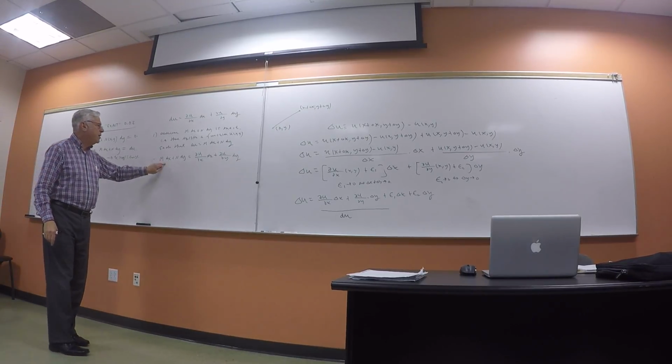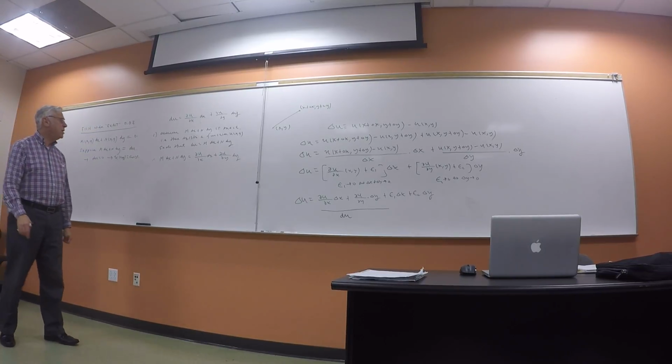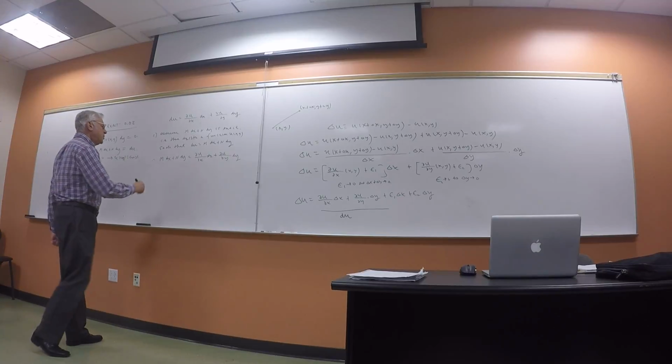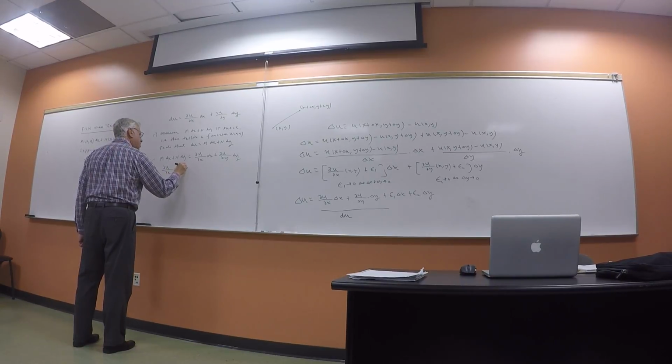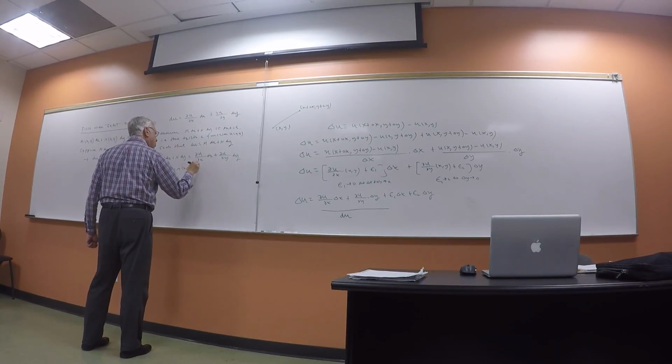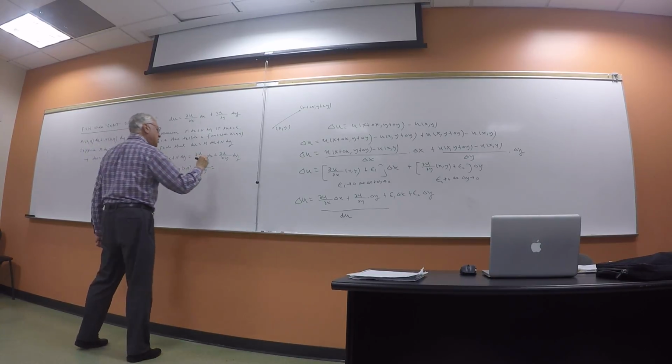The only way this and this can match for all values of x and y in a certain region is if the dx and the dy coefficients are equal. And therefore, a consequence is partial u partial x has to equal this function m of x, y, and partial u partial y has to match the dy coefficient, which is n of x, y.